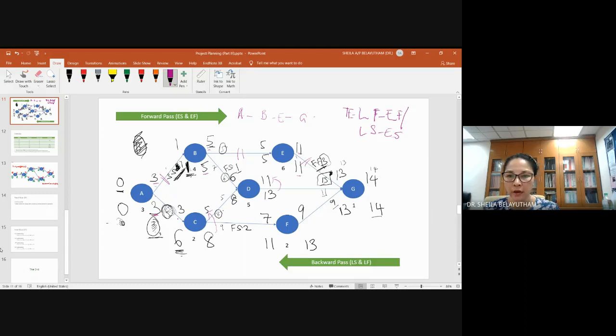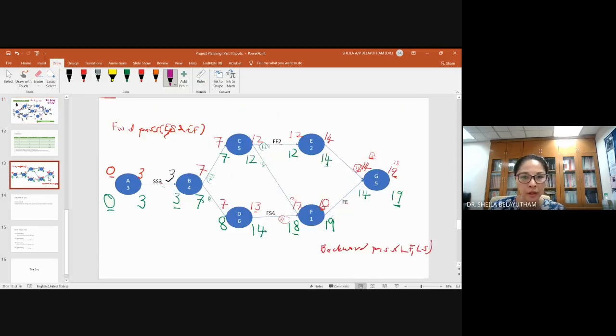Activity F, your total float will be 13 minus 9, so you get 4. And then you have G, 14 minus 14, you get 0. So that's the calculation for total float.